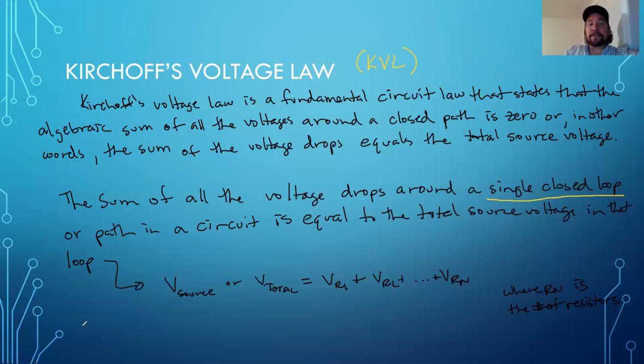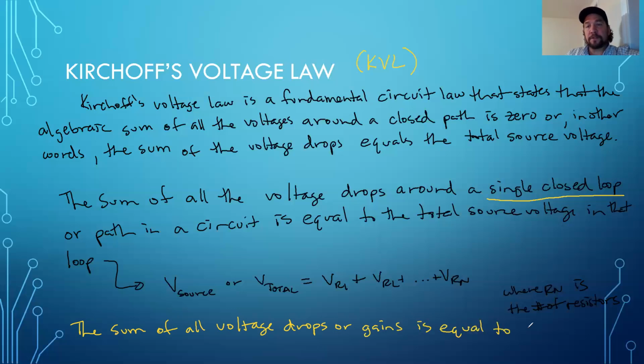So another way of saying this is the sum of all voltage drops or gains is equal to 0. That's similar to the one up here, but I'm defining it as drops and gains, which will refer to which way your plus and minus is.